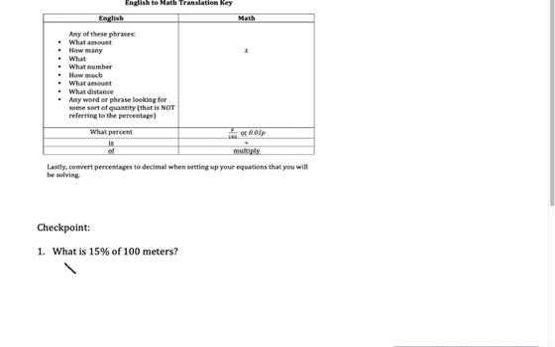All right, so let's translate this. It says, what is 15% of 100 meters? What is the word what going to translate to in math? Well, it's going to translate into x. The word is, what's that going to translate into? Equals. 15%, we want 15 over 100, in other words, that's 0.15. I want that in decimal form to make my arithmetic easier. Word of, multiply, 100 meters.